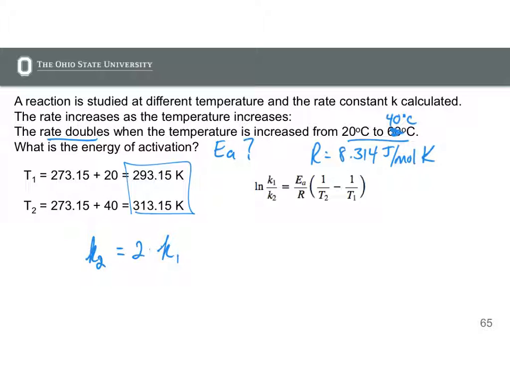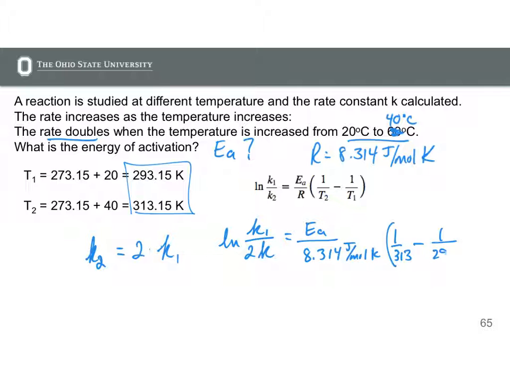So I'll set up the rest of the equation, give you the right answer, and I'll make sure you can do the math for it. So I had ln of K1 over 2 times K1, because K2 equals 2 times K1, equals E sub A over 8.314 joules per mole Kelvin times 1 over 313, I'm leaving off my decimal, it's fine, 1 over 293.